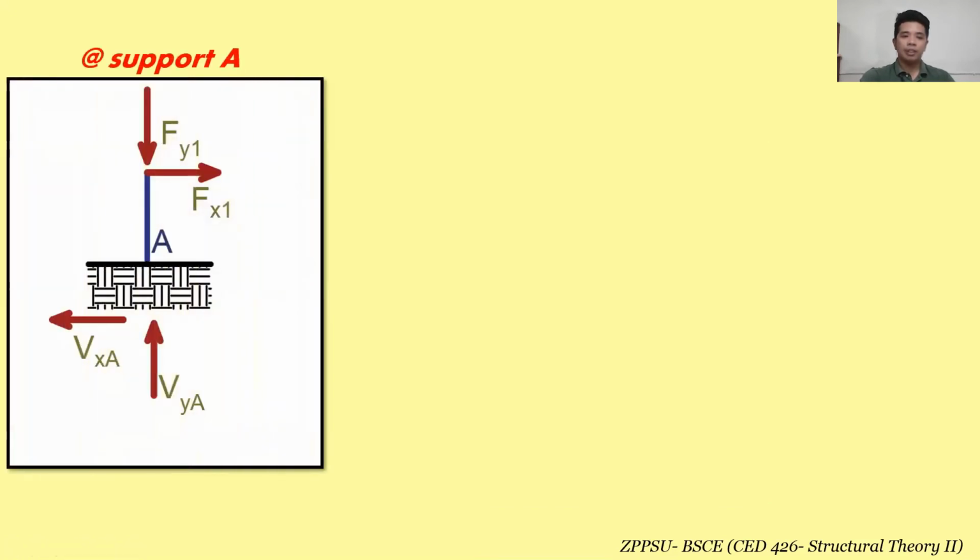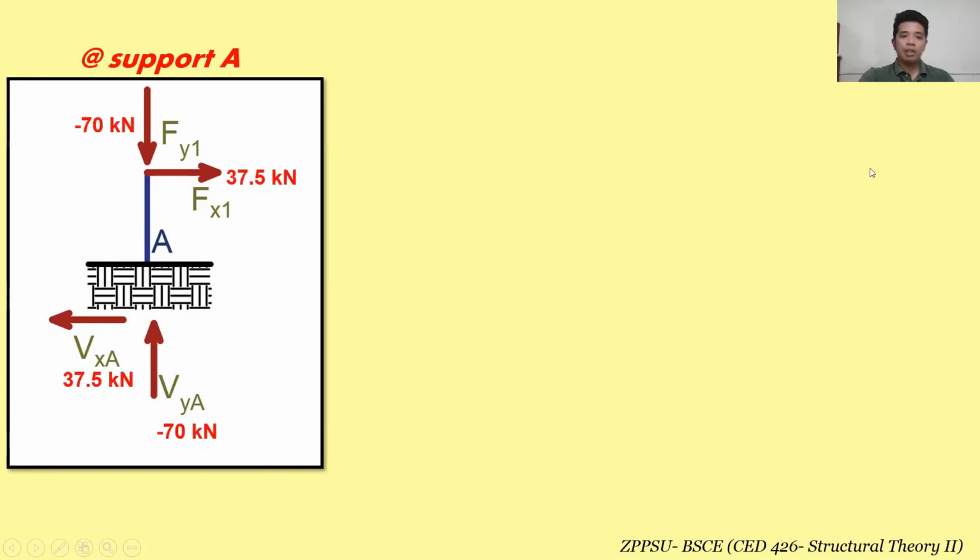So at support A, tulad niyan. So kung dito to the right, automatically dito sa baba to the left. Kung dito going down, dito going up. So they are opposite to each other.